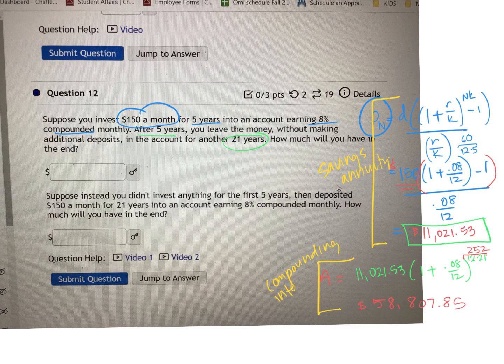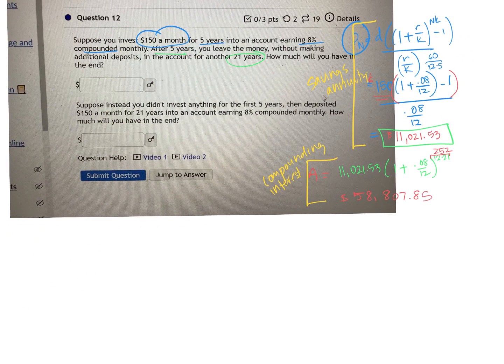And so what it wants us to do is compare that situation with supposing that we don't invest anything at all for the first 5 years, and instead we deposit $150 every month for 21 years, and compare. And so let's see what's going to happen. So we're back to talking about that savings annuity. We're going to say that our monthly payment is that $150 times 1 plus 0.08 over 12, to the 12 times 21.